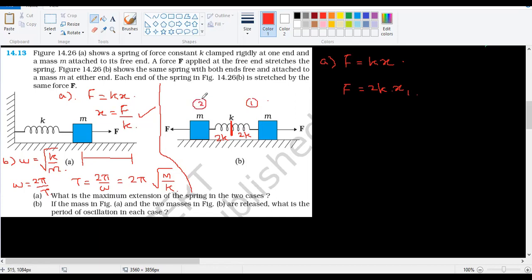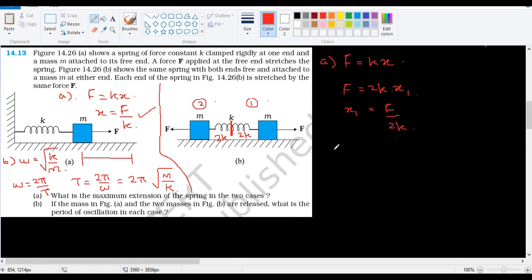Similarly, the same thing will happen on this side also. So if I want the extension here, F by 2K. However, there will be some extension on this side also.